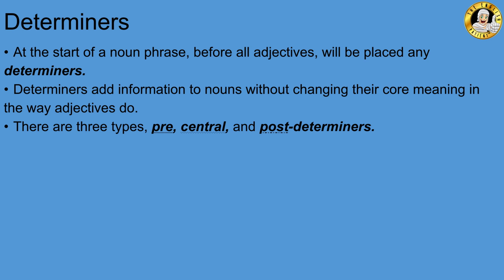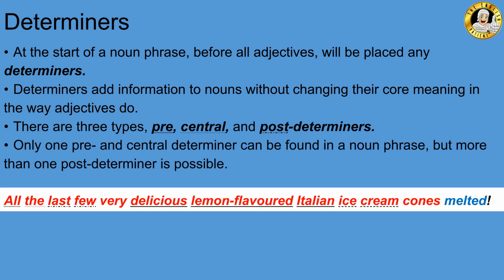For determiners, there are three types: predeterminers, central determiners, and post determiners. Note that you can only use one predeterminer and one central determiner at a time in the noun phrase. It is possible, though, to have more than one post determiner.